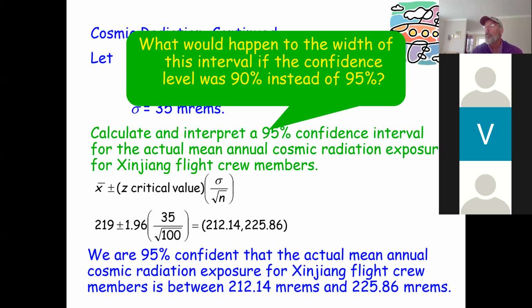What happens to the width of the confidence interval? Would it become wider since the confidence is decreasing?